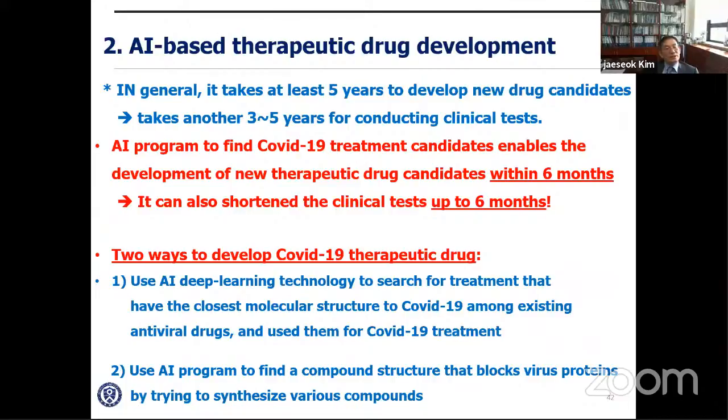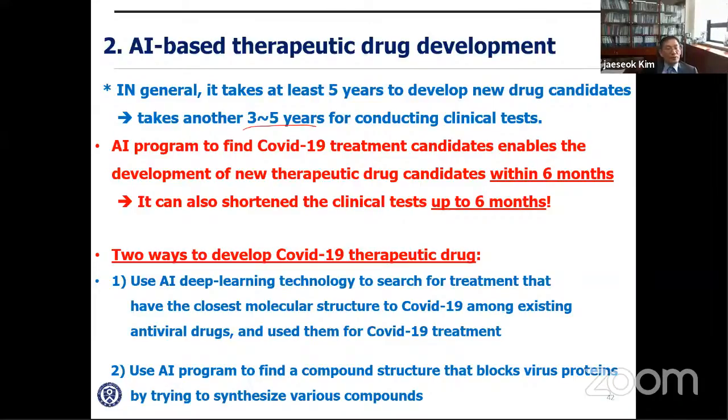Okay, the second issue is therapeutic drug development. In general, it takes at least 5 years to develop new drug candidates and another 3 to 5 years for conducting clinical tests. That means we have to wait almost 10 years.